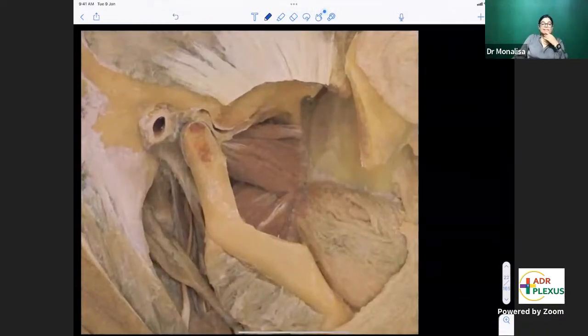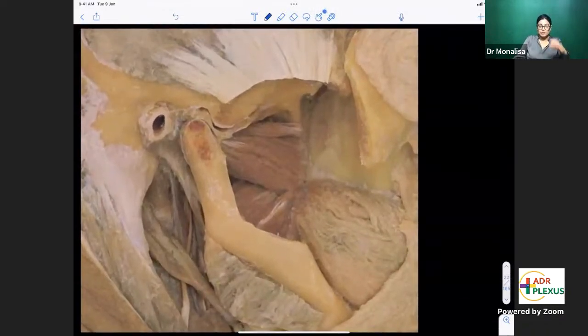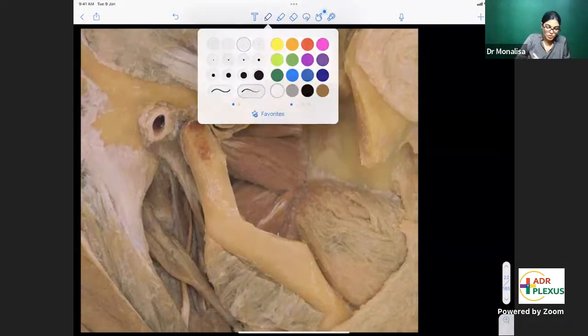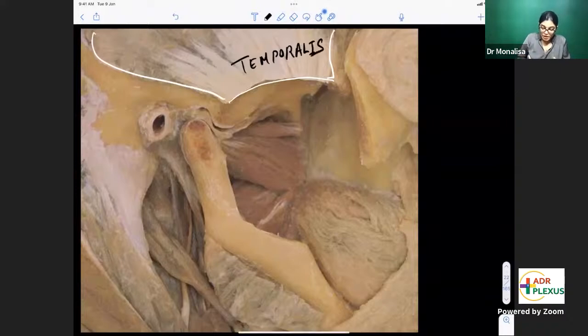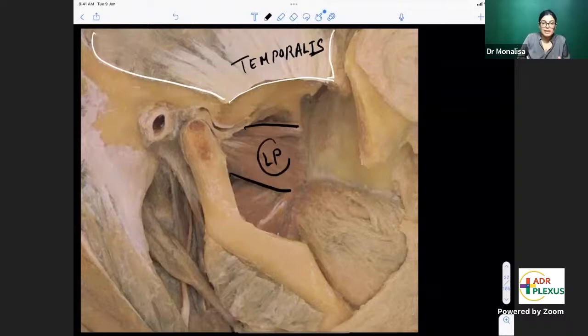In this cadaveric image, I would first like to tell you which muscles can be appreciated. This is one muscle which is fan shaped, a part of it has been shown. This is temporalis muscle, one of the masticatory muscles. The other muscle highlighted here is LP for lateral pterygoid, which has been asked in the MCQ. The other muscle on the deeper aspect is MP for medial pterygoid.